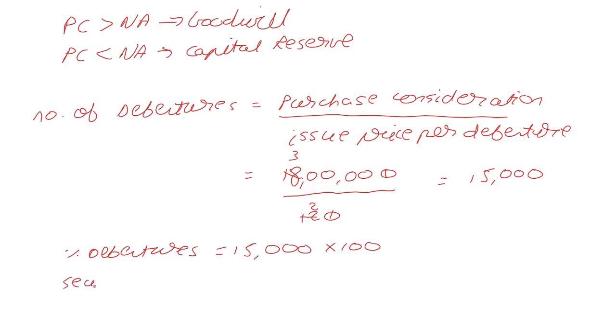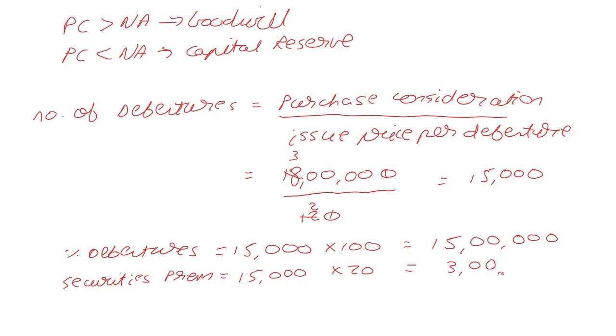The securities premium is going to be 15,000 into 20. Is it 1,50,000? No, be careful. It is going to be 15 lakhs. Be very careful with your calculation. Similarly, the premium is going to be 3 lakhs. And therefore, the full 18 lakhs is being looked after.